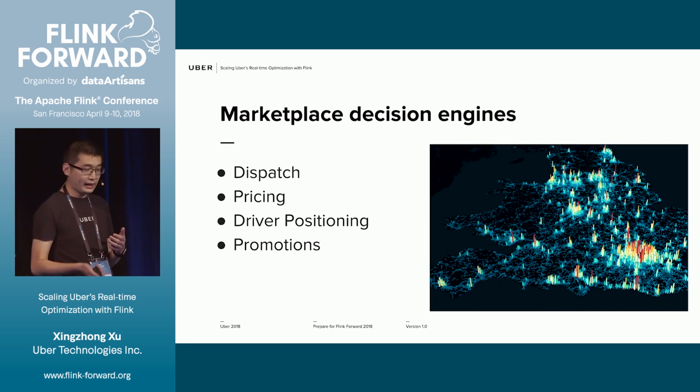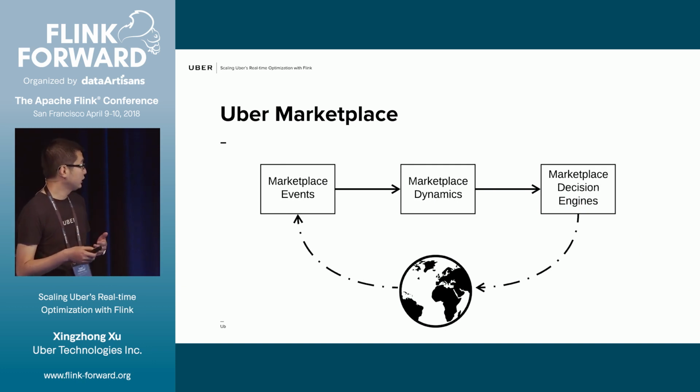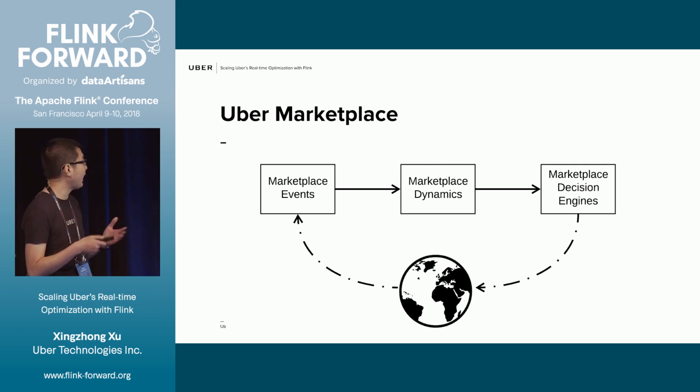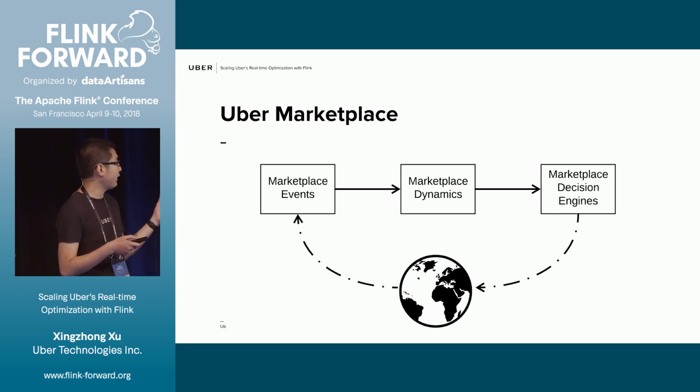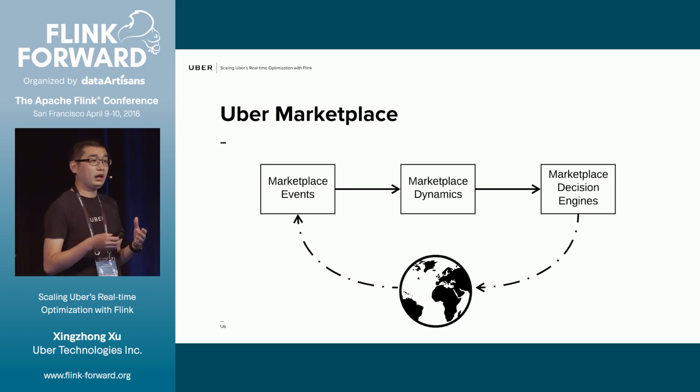So you can understand the entire relationship of the marketplace is somewhat like a feedback loop. At the bottom is our physical world. Our organization observes this physical world, either actively or passively, to get events from the marketplace. Once we get the marketplace events, we need to figure out ways to process them in order to get what we call marketplace dynamics.